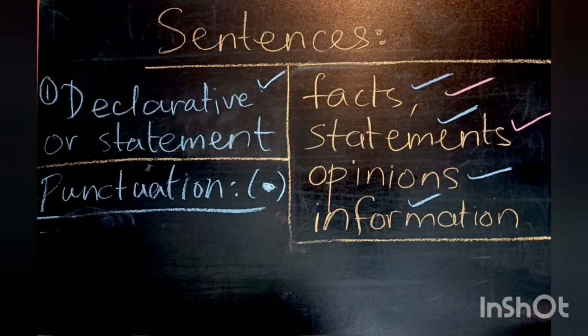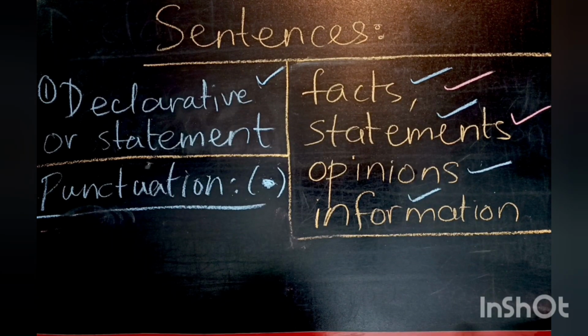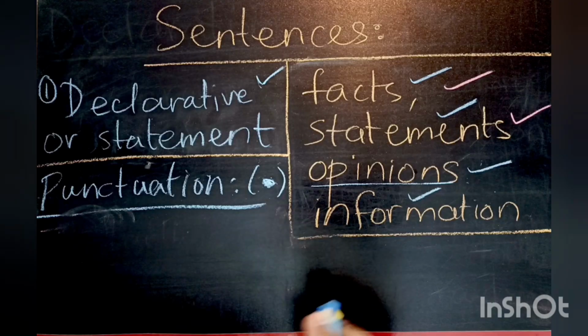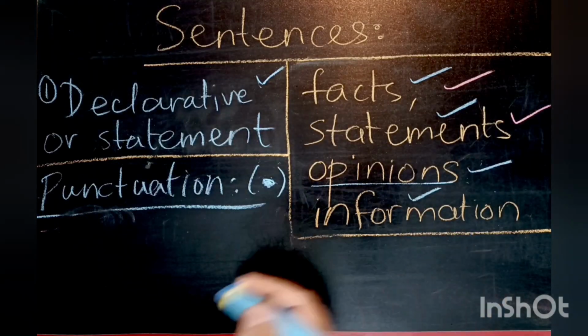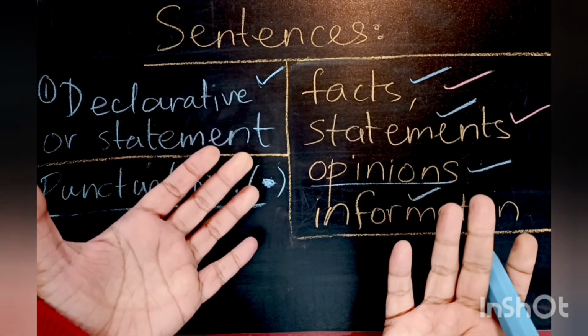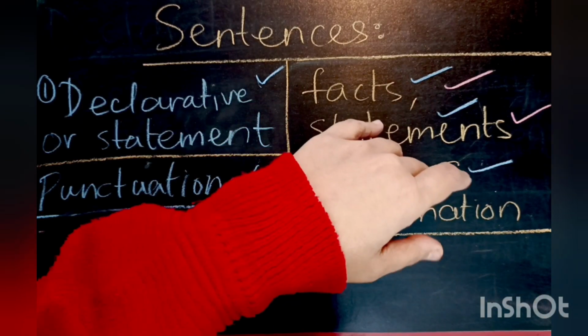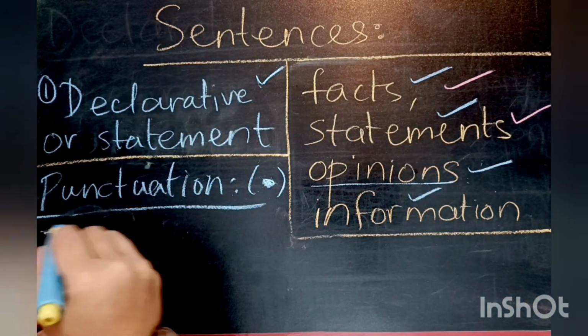Let us think of a sentence which has opinions and information. Okay, first we can do opinion. Because it's written over here opinions first, so we are going to do opinions first. I love red color. Any type of opinion. Okay, I love red color. Okay, it's an opinion.